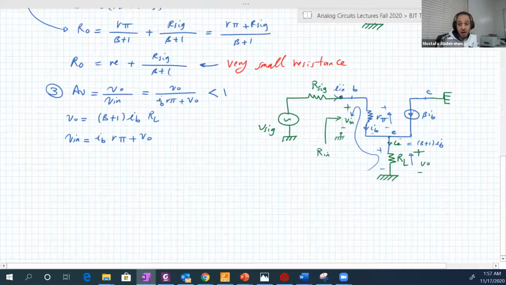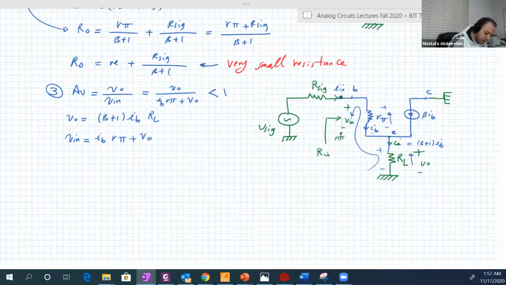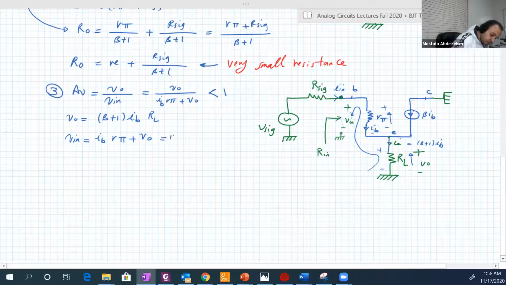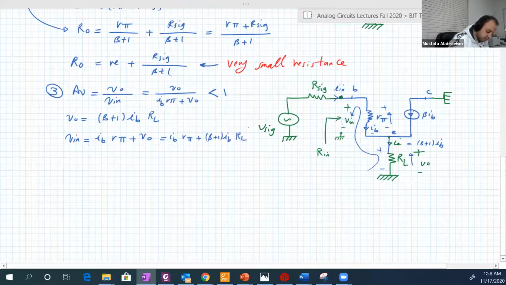Maybe this IB R pi is small. Maybe. Let's see. So IB R pi, and the VO is beta plus 1 IB RL. This is VO. Okay. So let's divide those.